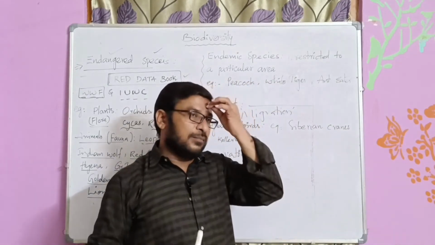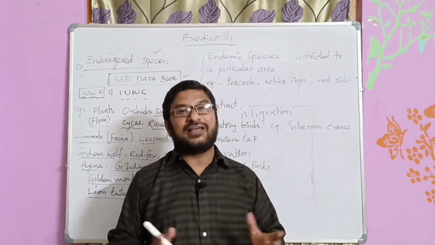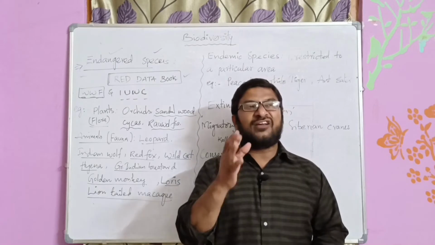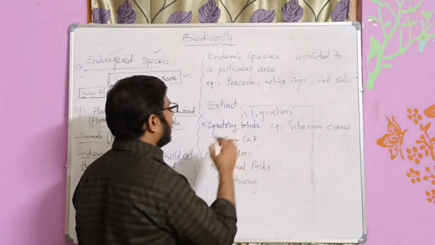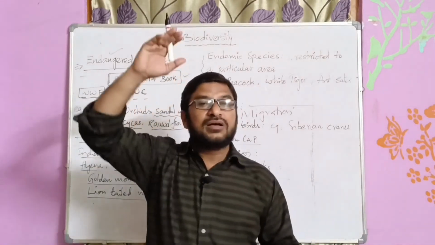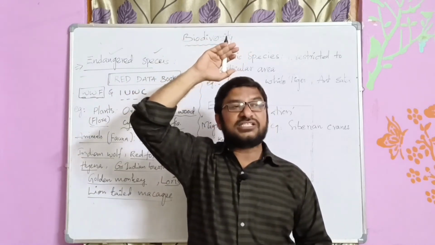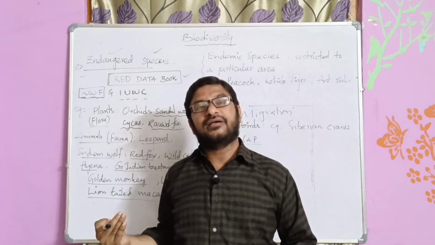That is migration. This migration is very clearly observed in our area, in Kolleru Lake in Andhra Pradesh. The migratory birds from Siberia in Russia used to come in the winter season.